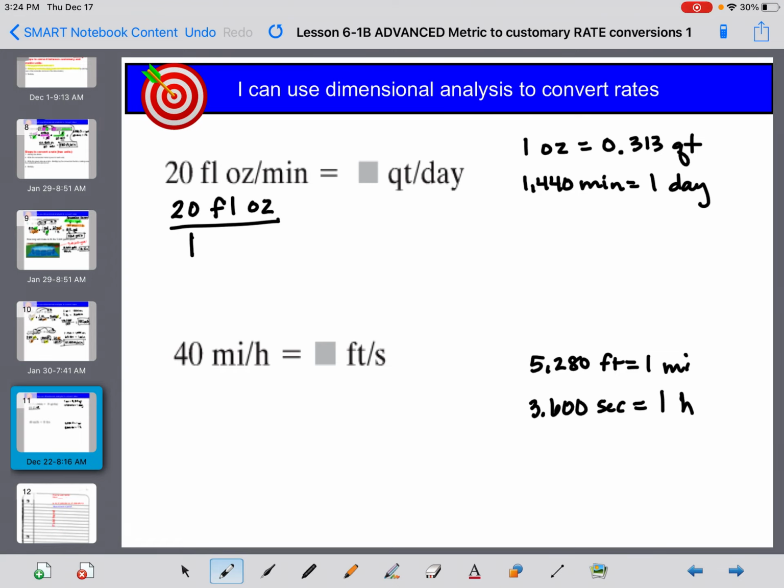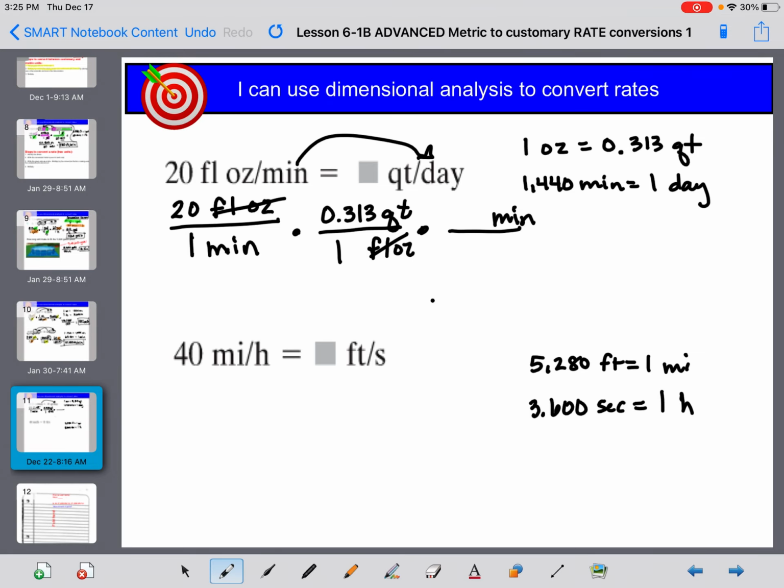20 fluid ounces goes in the numerator. 1 minute goes in the denominator. To convert fluid ounces to quarts, I put fluid ounces here so that these cross off. I see that 1 fluid ounce is equal to 313 thousandths quarts. Then I need to convert minutes to days. I see minutes is in my denominator, so I will put it in the numerator in my ratio. 1,440 minutes and 1 day.